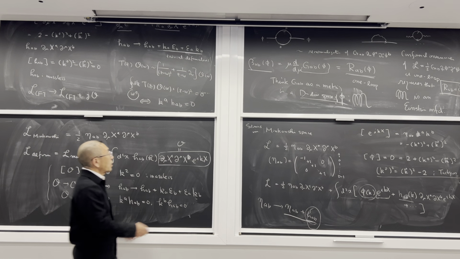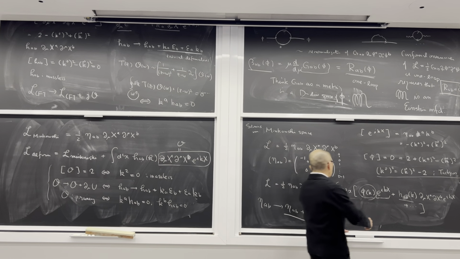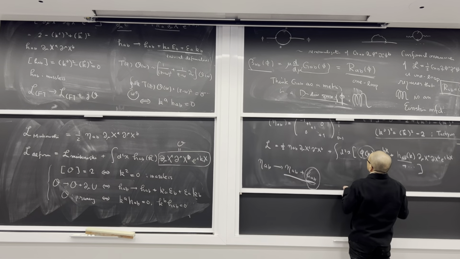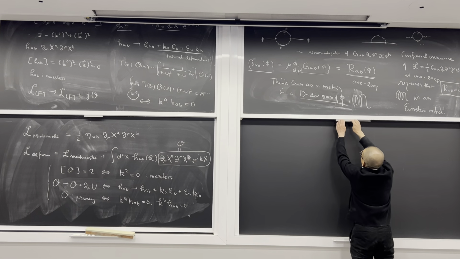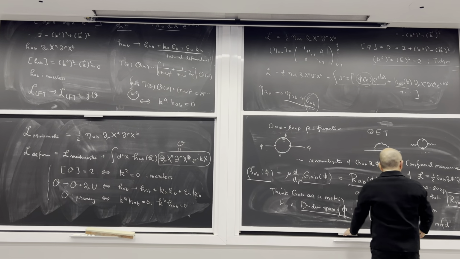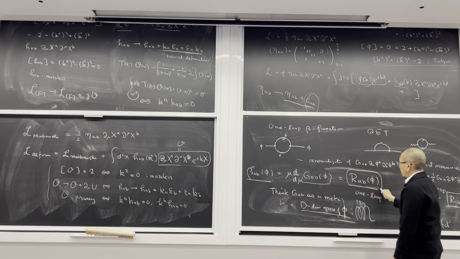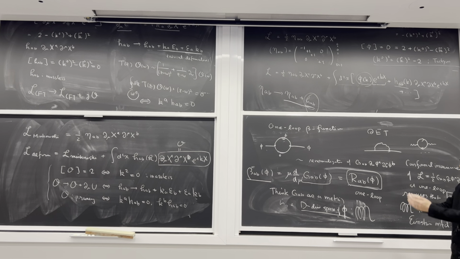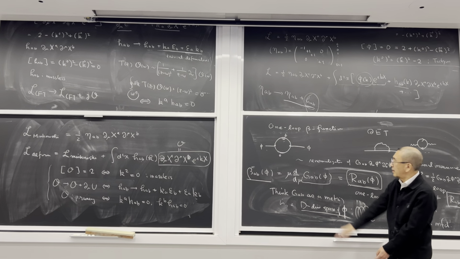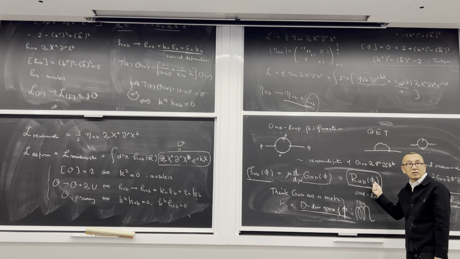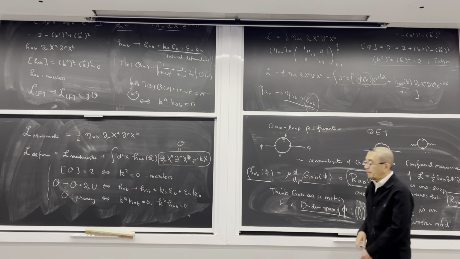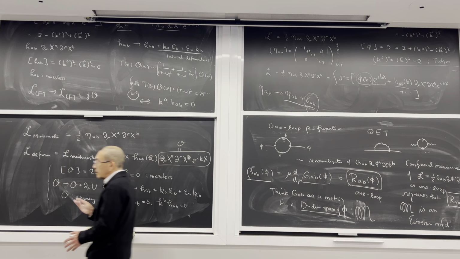And more generally, if you study more nonlinear situations, then at one loop level it reproduces the Einstein equation. These are consistent, because what I did over there is a linearized version of this equation.